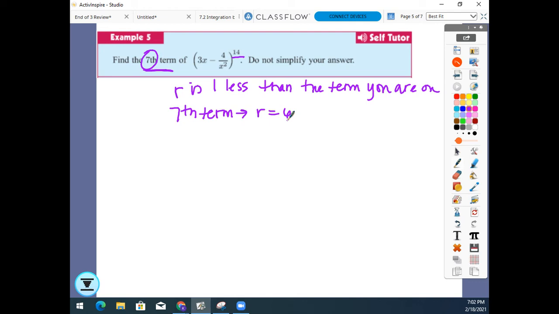All right, so in this particular problem, we can go even further. What is n? N is the exponent. 14. What is a? 3x. And what is b? Negative 4 over x squared. Now we just plug everything in.